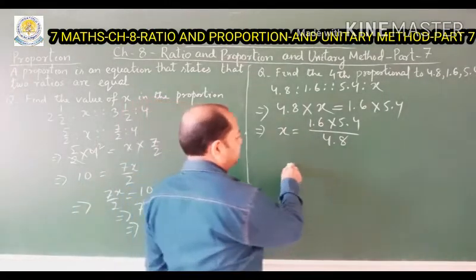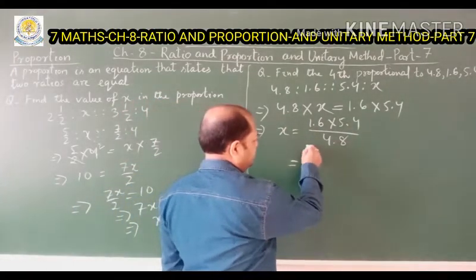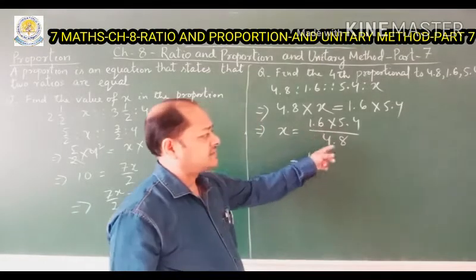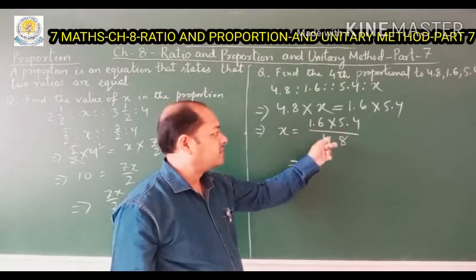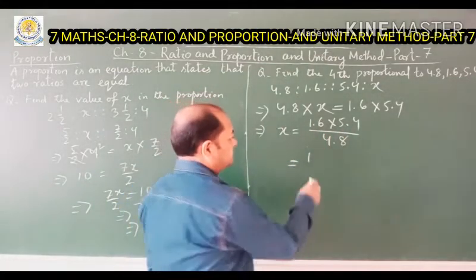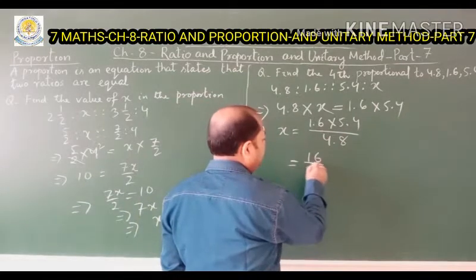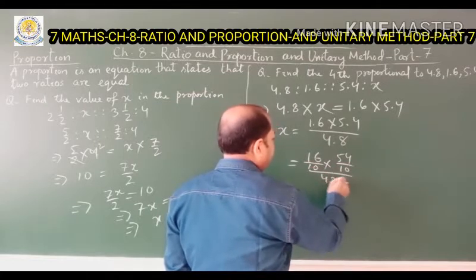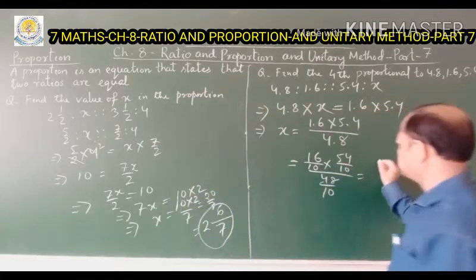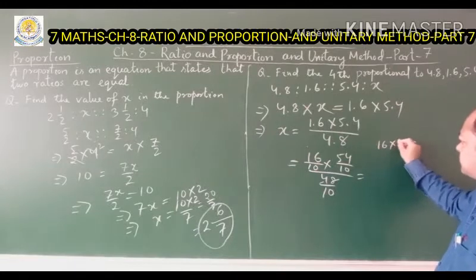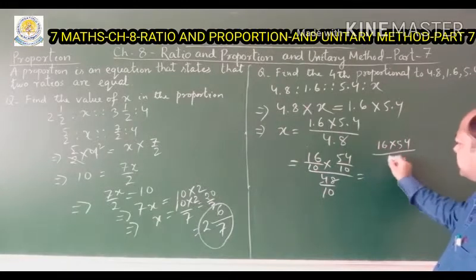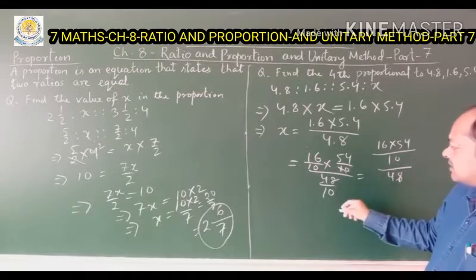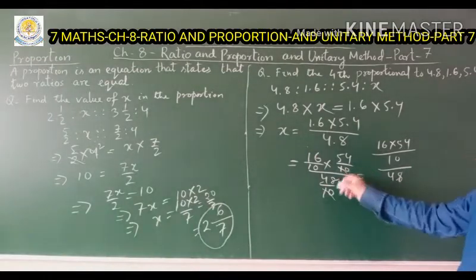So let's find out. 1.6 is the same as 16 by 10, because everywhere the denominator is 10. The denominator is 10 everywhere, we can cancel it. So 16 by 10 into 54 by 10 upon 48 by 10. So we can write it like this: 16 into 54 upon 10 by 48, because here both are 10, so one 10 will be cancelled.